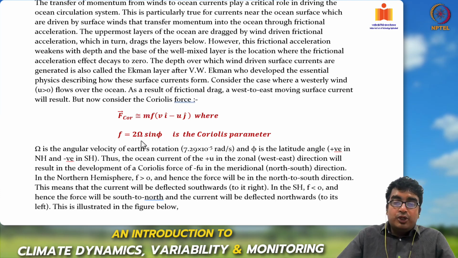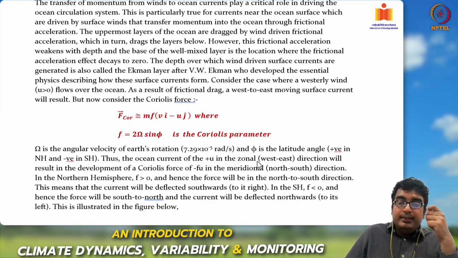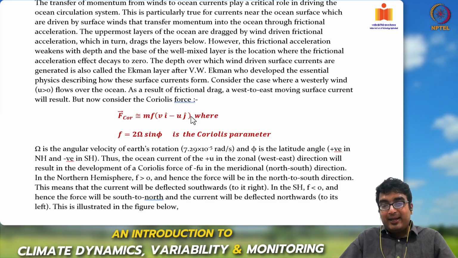So, if the ocean current is moving in the plus U direction, that is west to east, then you have plus U here, which means you will have a minus MFU as the Coriolis force in the J direction of the north-south direction.